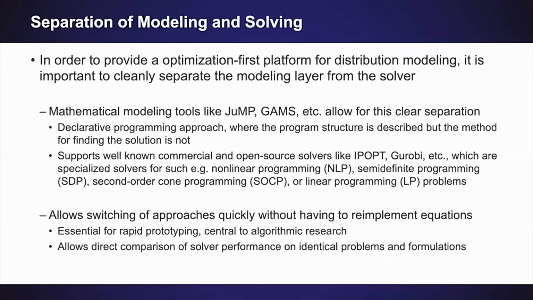The direct benefit of this abstraction to optimization problems is that switching between the approaches quickly without having to re-implement equations becomes possible, which is essential for rapid prototyping, that is central to algorithmic research, and it allows for direct comparison of solver performance for identical problems and formulations.